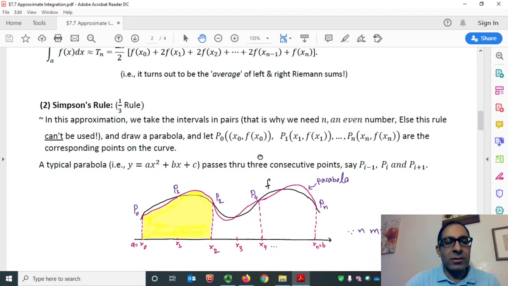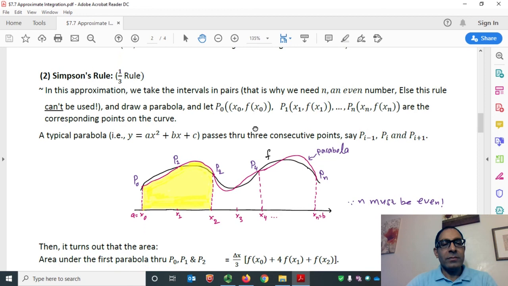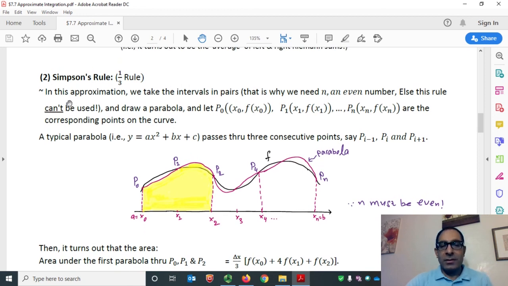Now let's talk about Simpson's rule. In this approximation, we take the intervals in pairs. That is why we need n to be an even number of partitions, else this rule cannot be used. Draw a parabola and let P0, P1, dot dot dot, Pn be the corresponding points on the curve.